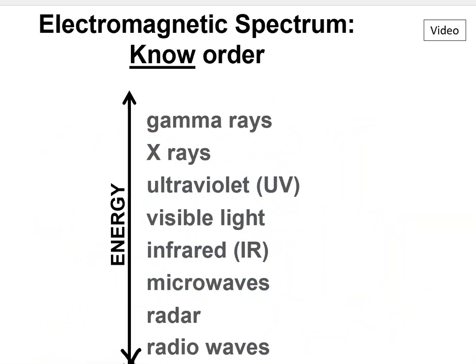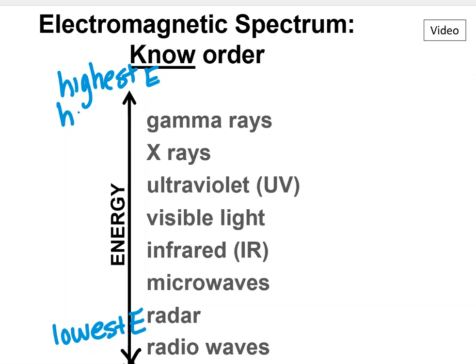Electromagnetic spectrum, and talk about its energy. So first I'm going to label the energy here. The highest energy is the gamma rays. And the lowest are the radio waves. Okay, and from what we said before, higher energy comes from higher frequency.